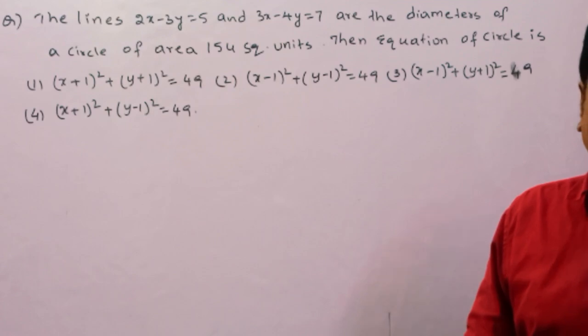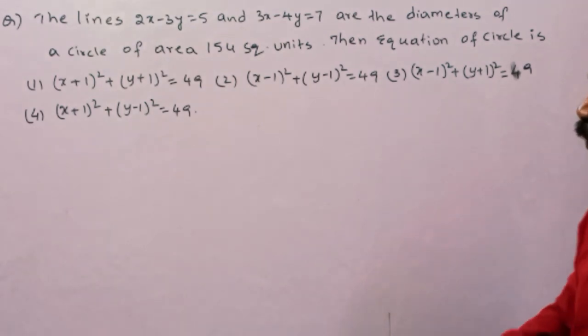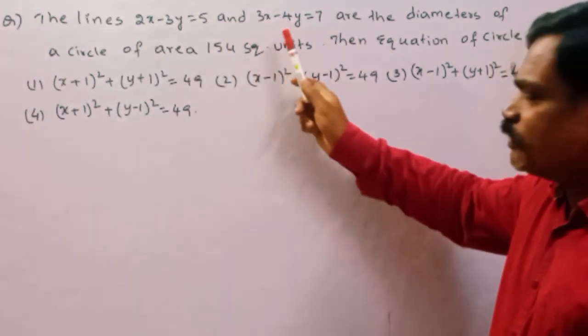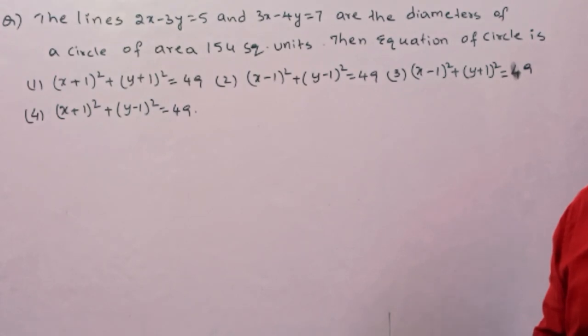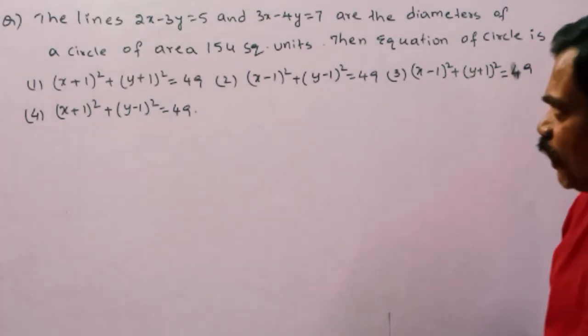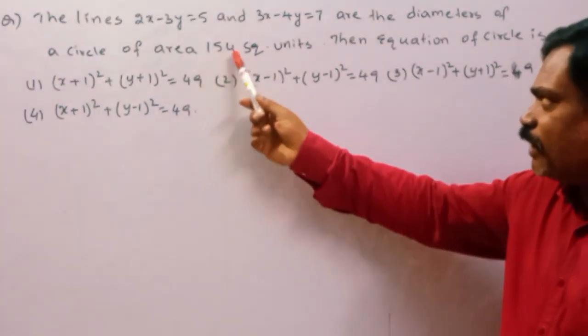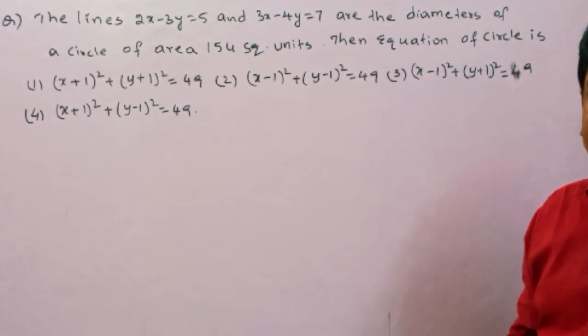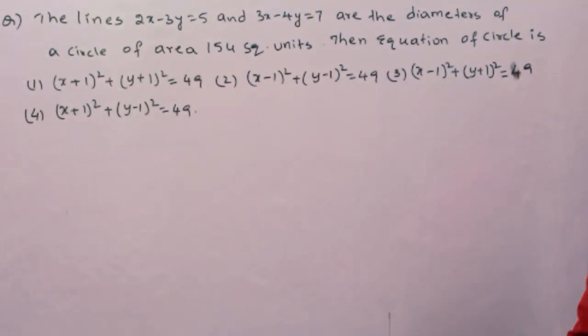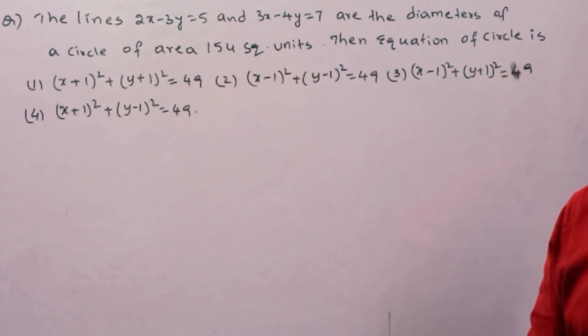Then we have to find the intersection point of these two lines, and from the given area we find the radius of the circle. Then you can easily write the equation of the circle.